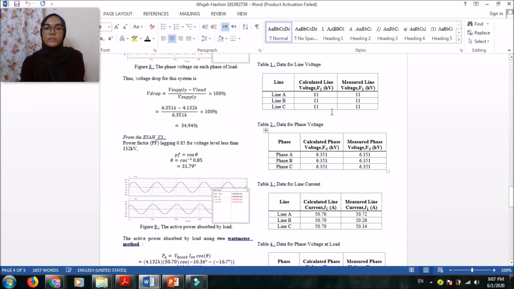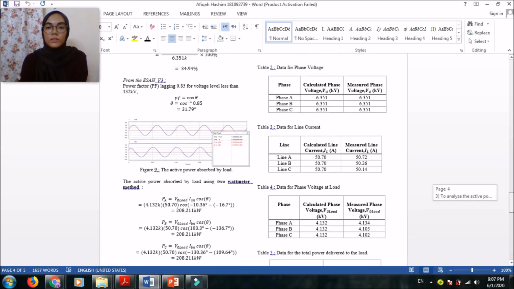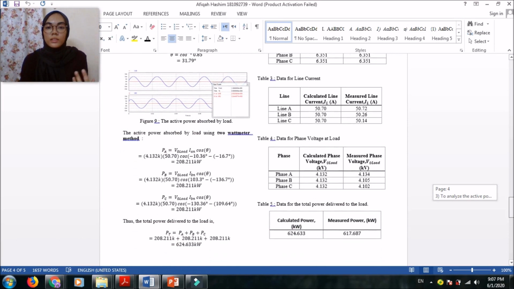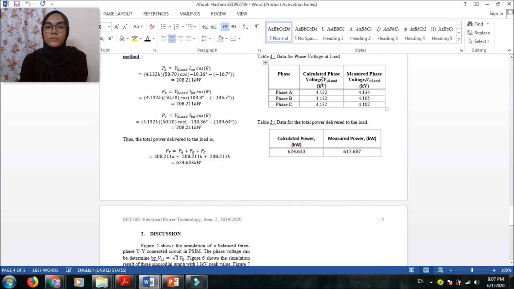Okay, so this is the data for line voltage, to compare between calculated and measured from the software. Data phase voltage, line current, phase voltage.